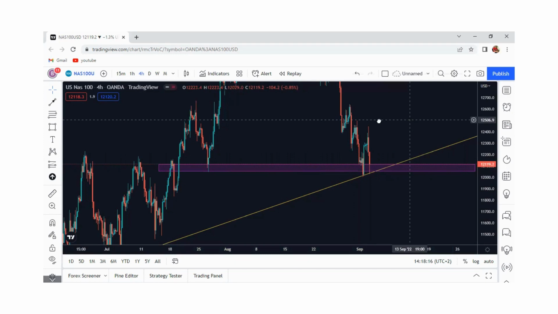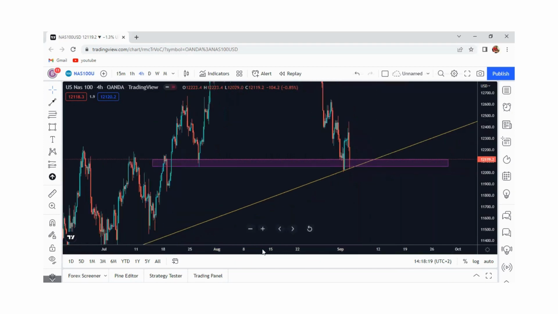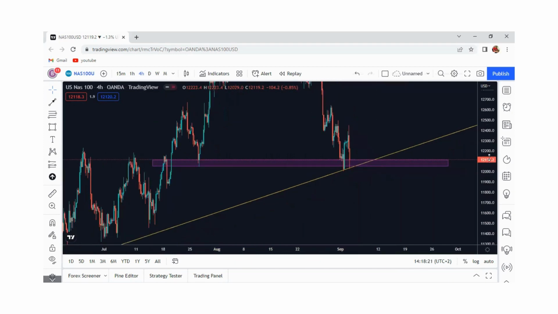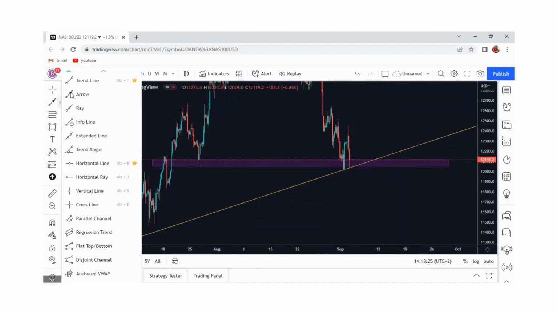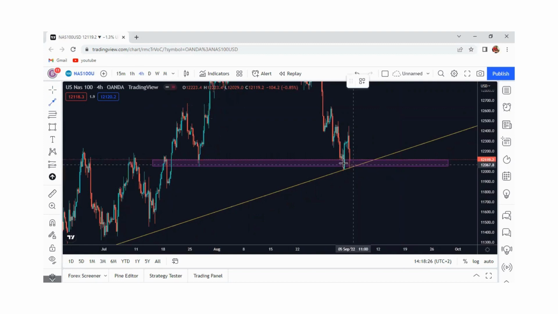The way I showed you on the daily time frame, this is what I'll be looking for. Just to show you again, you see it's rejecting. This is the strong zone I was telling you about. So the only way for me to go in is when it breaks the zone here, then comes back for a retest.